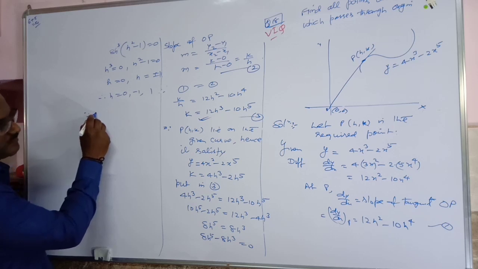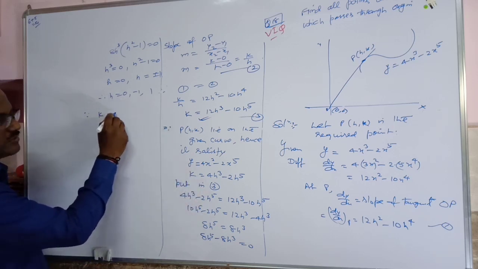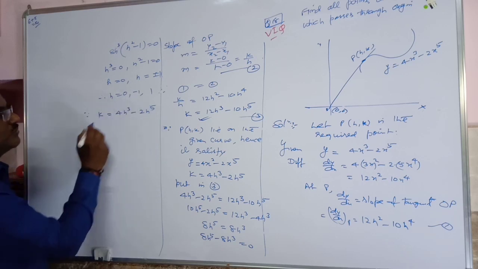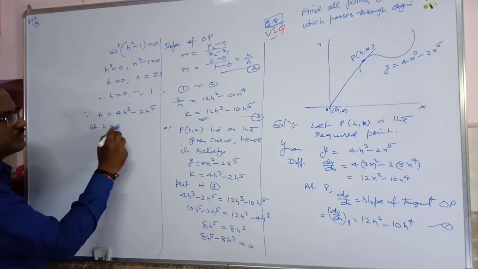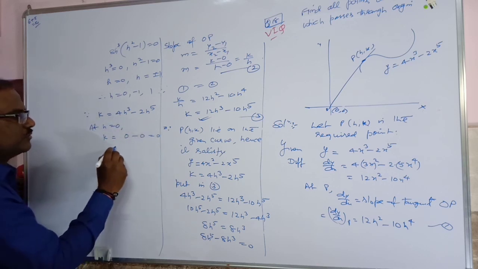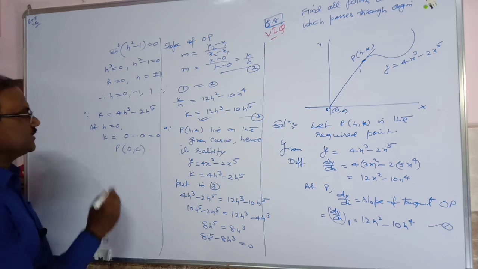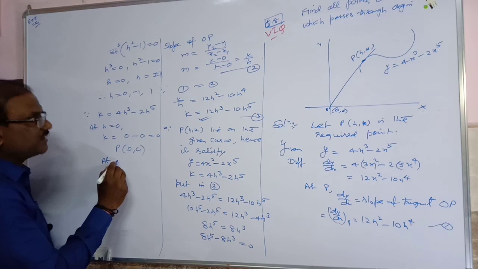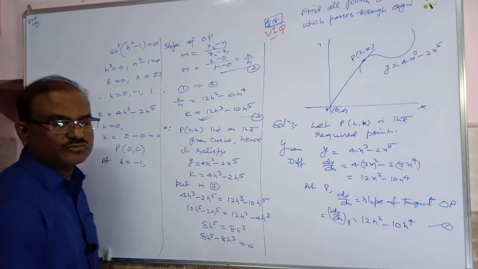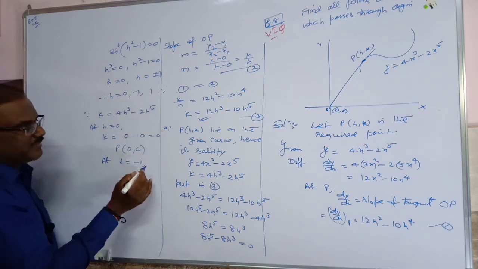Since k is equal to 4h cube minus 2h to the power 5, at h equal to 0, k will be what? 0 minus 0 will be 0. So P is one of the points, (0, 0), you got. I will do the next value also, otherwise you will blame me that I am not doing any part from my side.